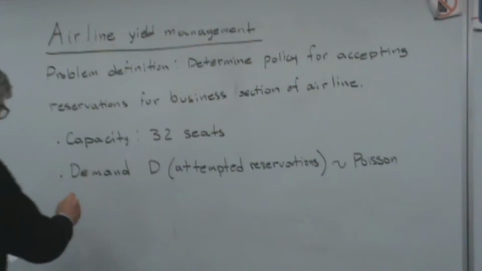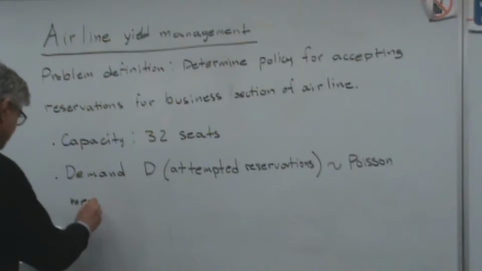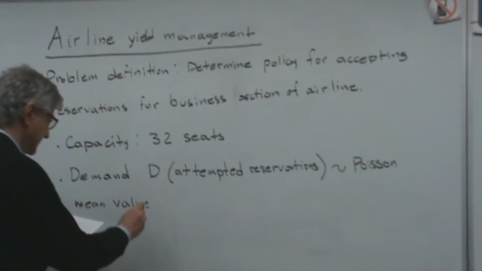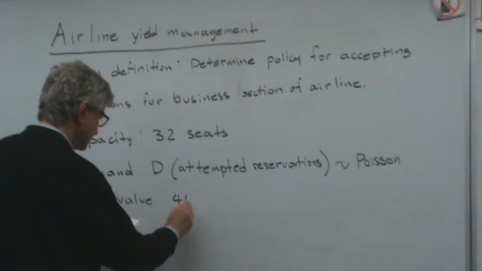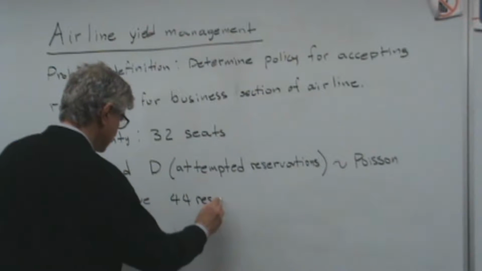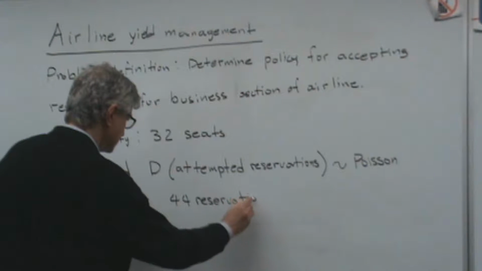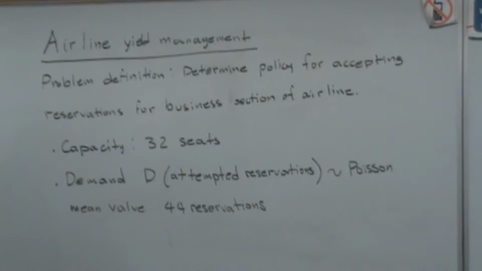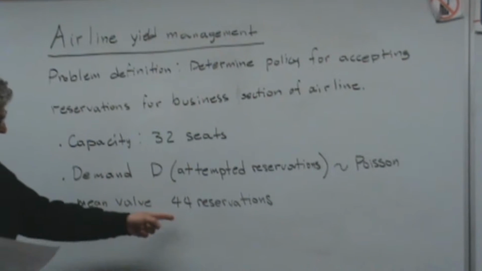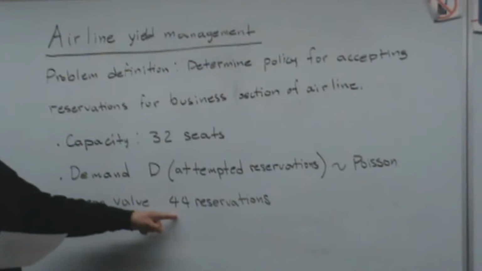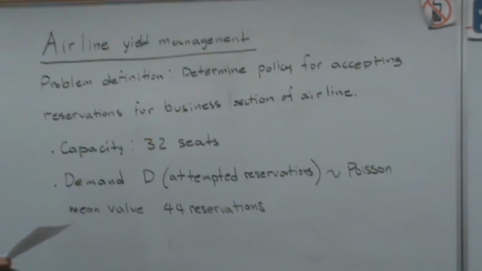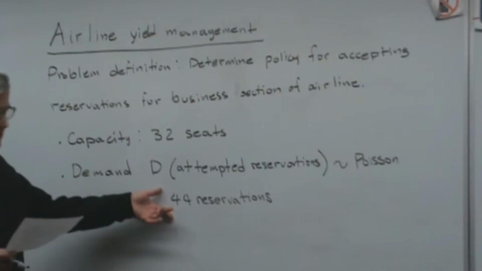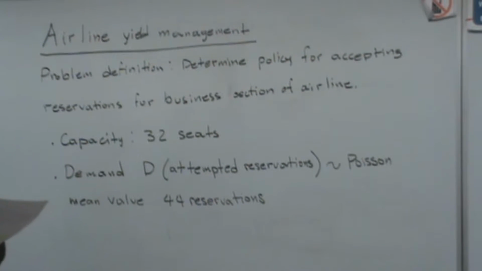The mean value of this Poisson variable is 44 reservations. Okay, so although 32 seats are available, on average 44 people try to reserve seats. Okay, so there is an extra 12 reservations that exceeds the capacity.